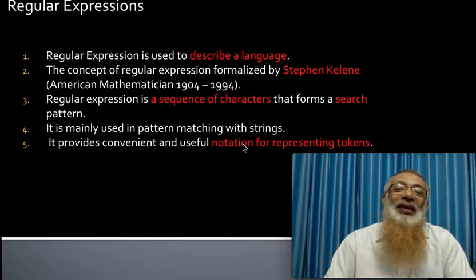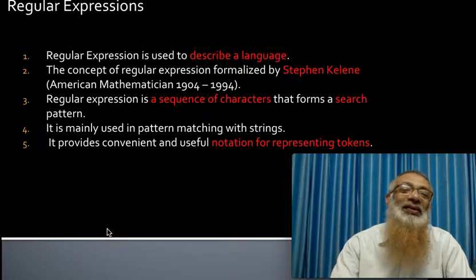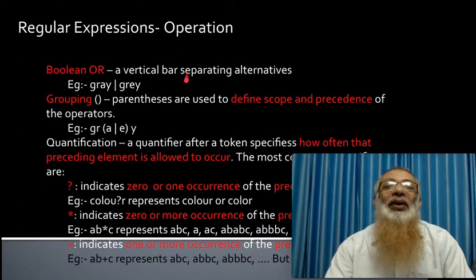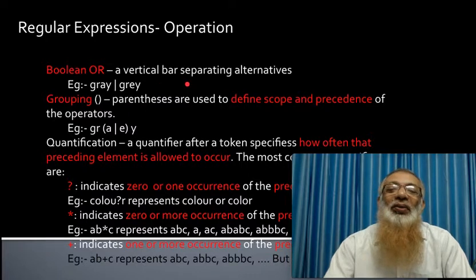It is a convenient notation useful for representing tokens, and this is used in lexical analyzers. Now, what are all the expressions in regular expressions? How can we form different operators and how can an expression be formed?